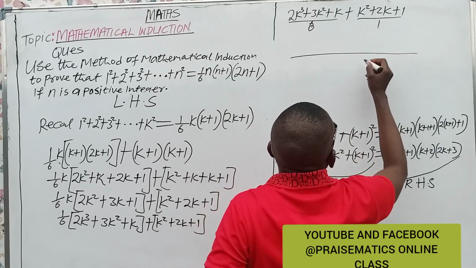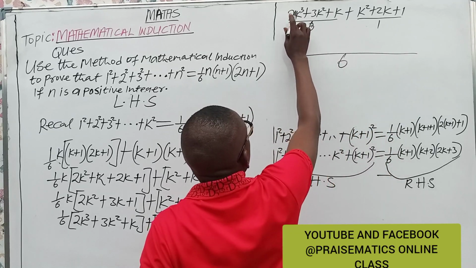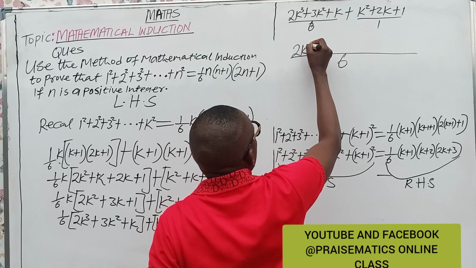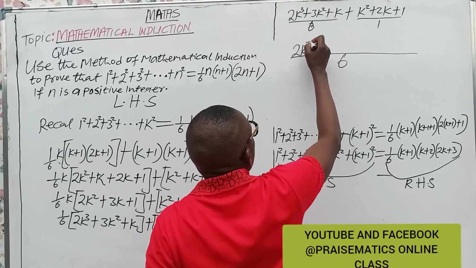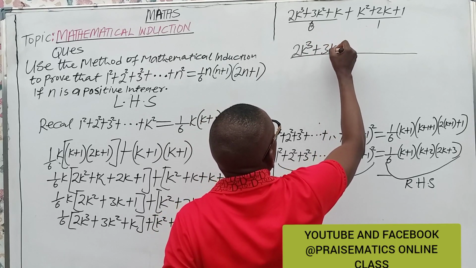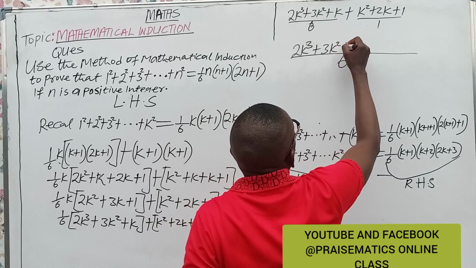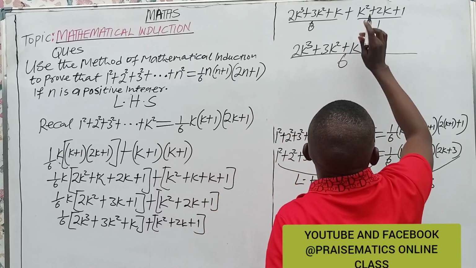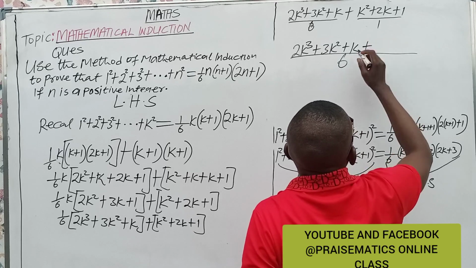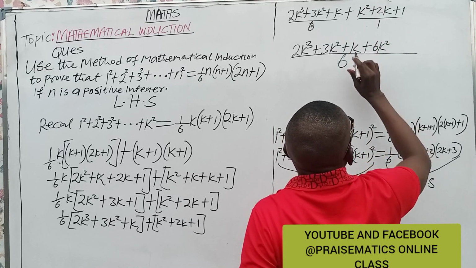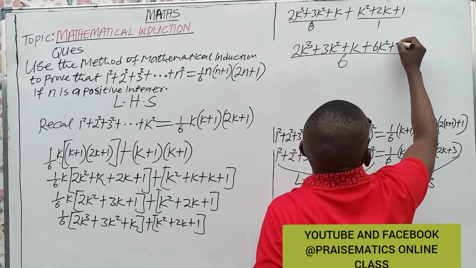LCM is 6. 6 goes into this one, multiply everything. We have 2k cubed plus 3k squared plus k. Now go to this, plus 6 goes into this, we have 6k squared plus 12k plus 6.